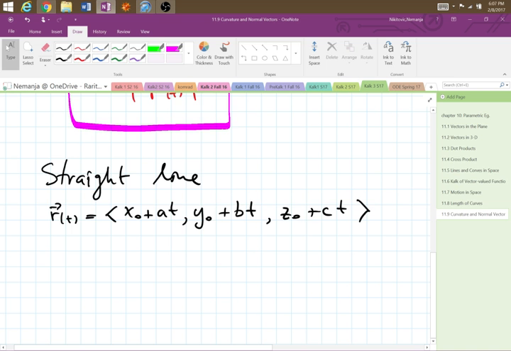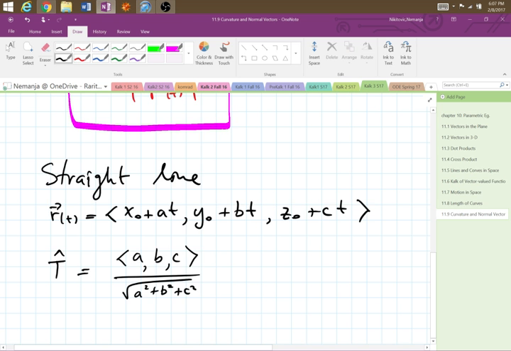So to create the unit tangent vector T, we are going to take r prime, which is ABC, and divide that by the square root of A squared plus B squared plus C squared.